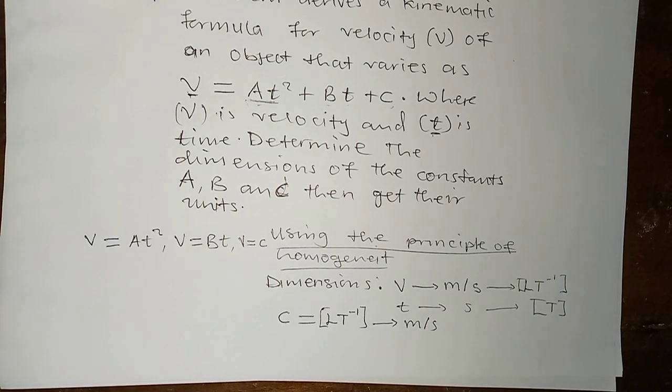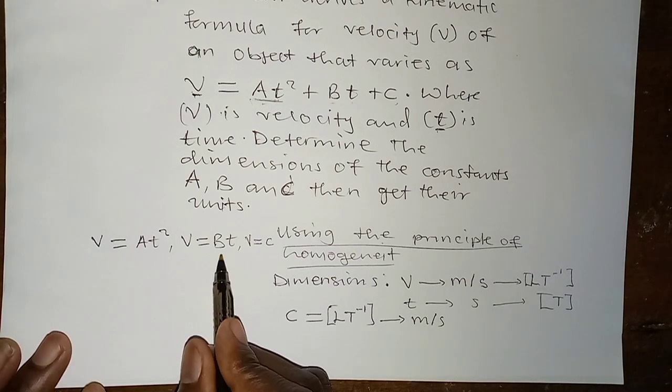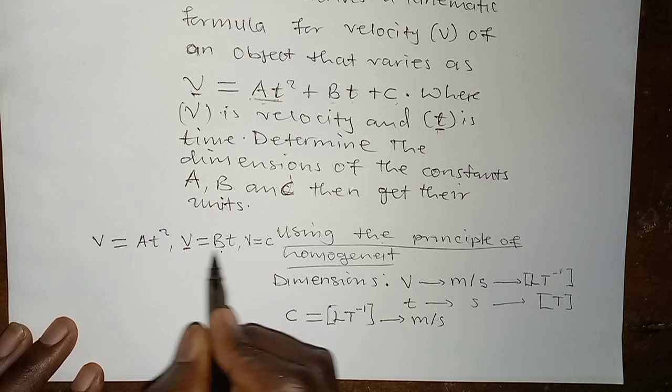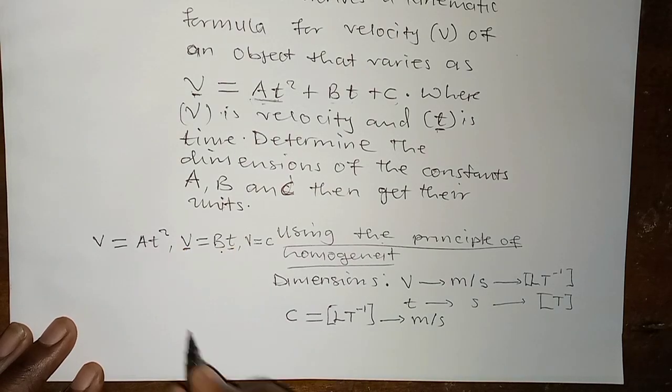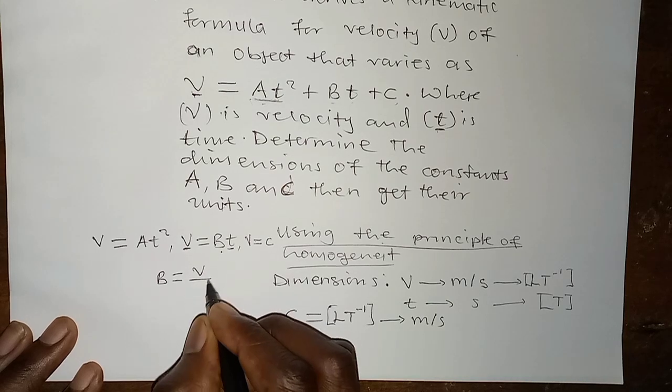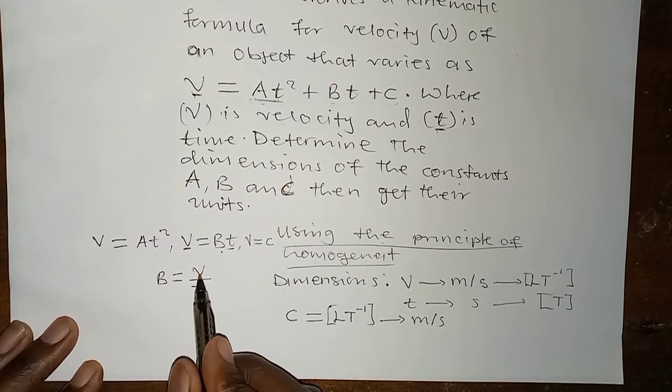Very simple and straightforward. If you come to b, what are you supposed to do? We know the dimensions for v, and we also know the dimensions for t. Meaning that b has to be equal to v over t. What are the dimensions?